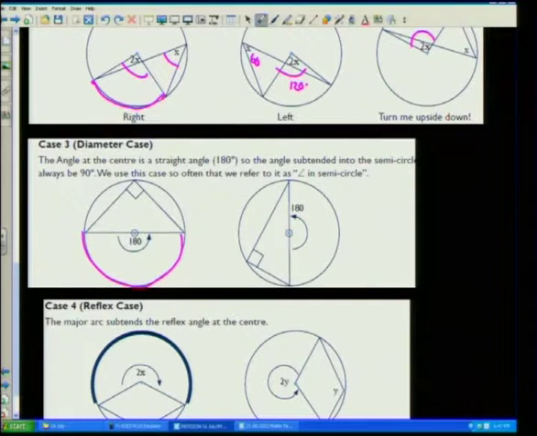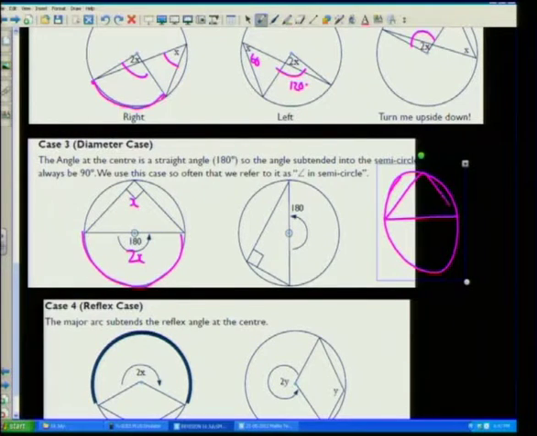So we know that this one is double that one, and so if that's 180, that one has to be 90, which gives us a lovely proof that if you ever have a semicircle, and you have an angle coming off that semicircle, then that one there is going to be 90. And sometimes that's useful in analytical geometry. But of course, it has to be that this one here at the center is 180 degrees.